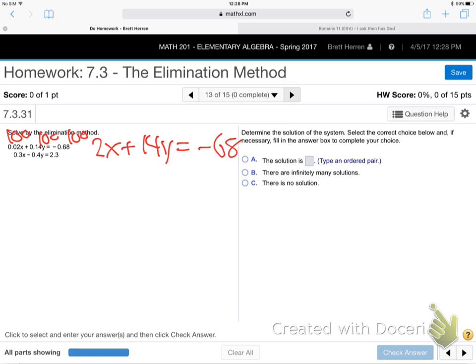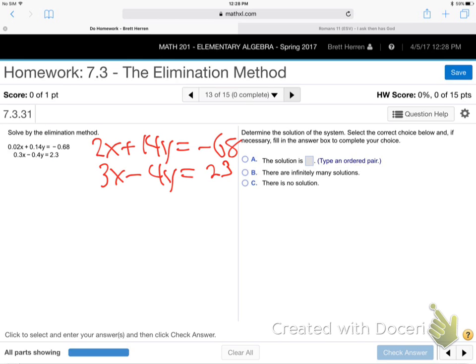I just multiplied through the top equation by 100, moved all the decimals 2 places. Take the bottom equation, do the same thing. Actually, the bottom equation, we just need to move 1 place. Just multiply the bottom equation by 10. Just move them all 1 place. 3x, 4y, 23. Everybody see what I did there?